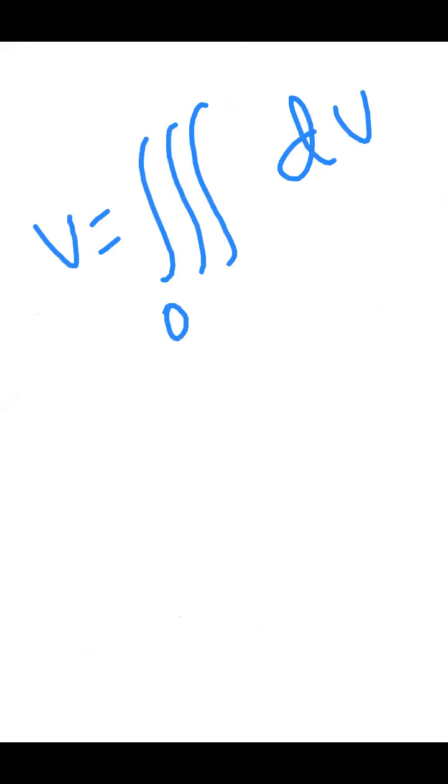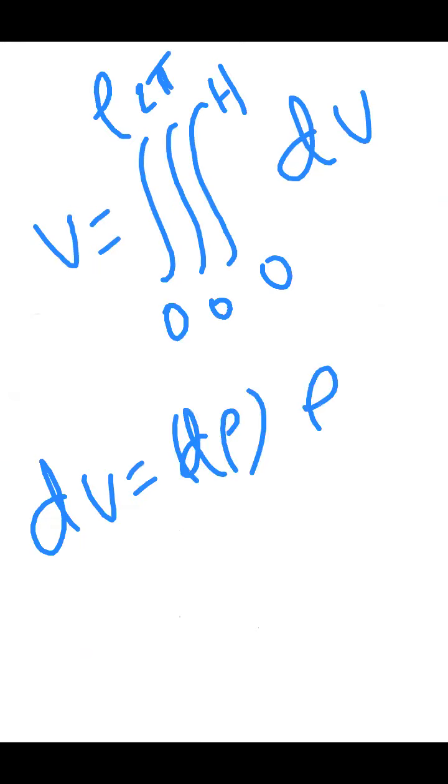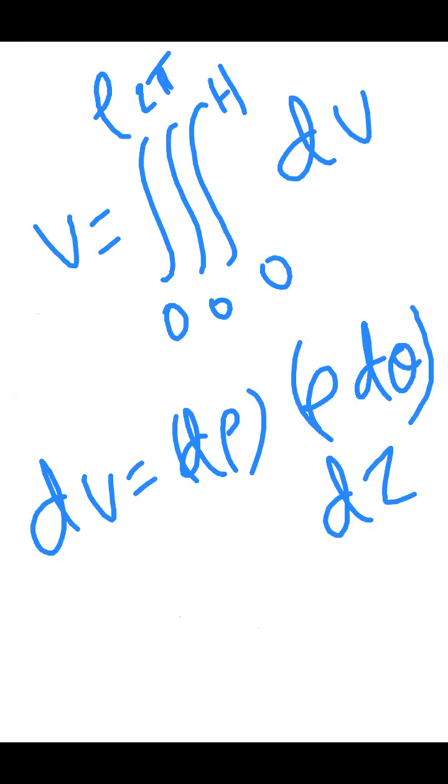In the cylindrical coordinate system, find the volume where the radius varies from 0 to rho, phi varies from 0 to pi, and height varies from 0 to h. What answer will you get? You know dV is rho d rho d phi dz. You can substitute this instead of dV.